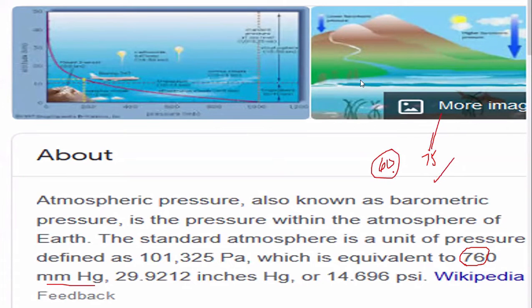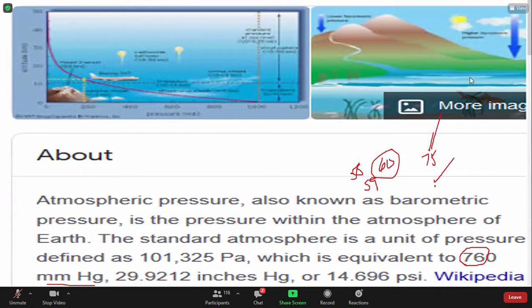But do not aim for 58 or 50. Don't do that. Try to target higher than 60, higher than 75. Of course, that's for your own good. So don't forget, the 760 will appear in the exam.